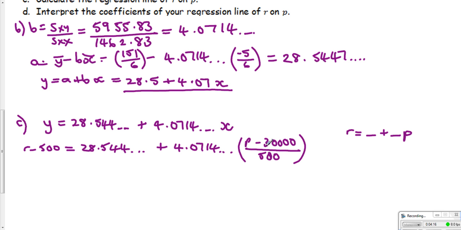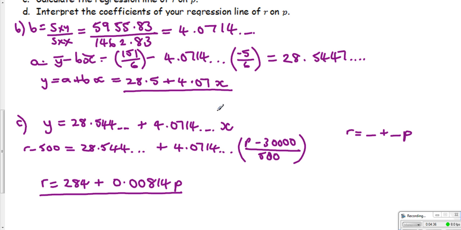We'll be multiplying out these brackets. And when you go through that process, you should hopefully get, rounded to 3SF, 284 plus 0.00814 multiplied by p.